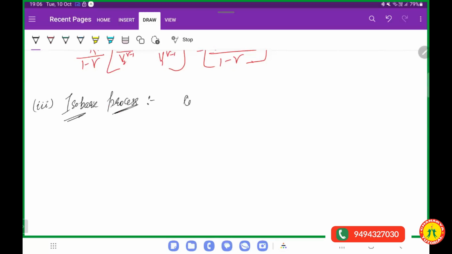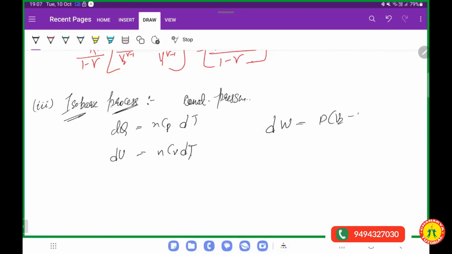At constant pressure, so dQ will be nCpdT. Then dU will be, let's write this here, dU will be nCvdT, and dW will be P(V2 minus V1).